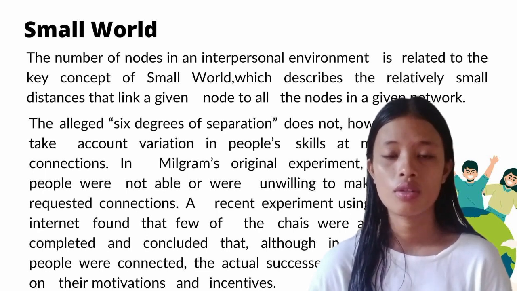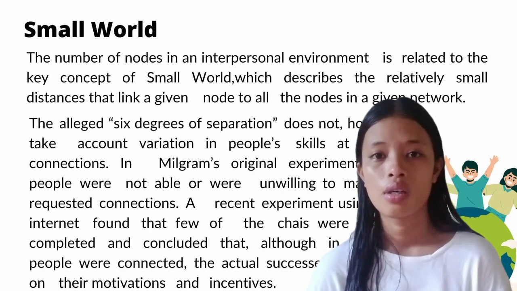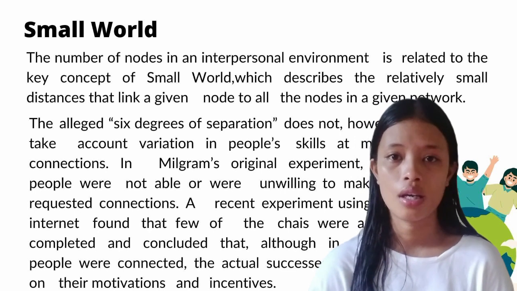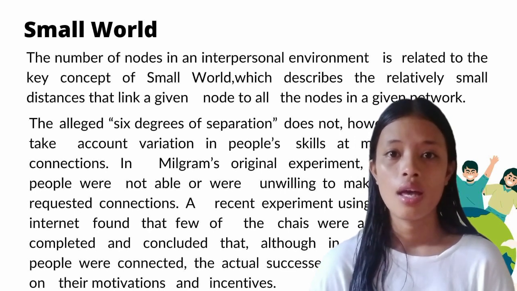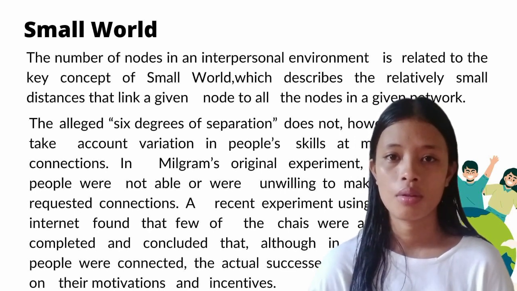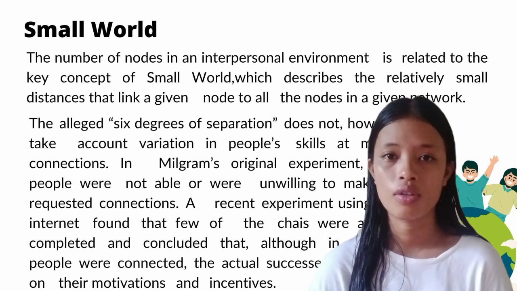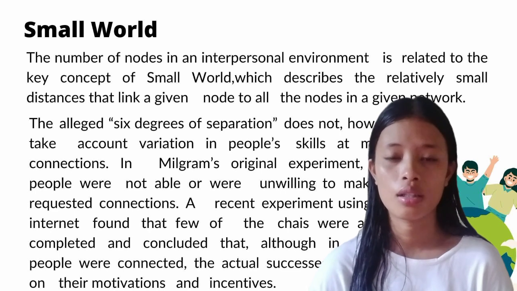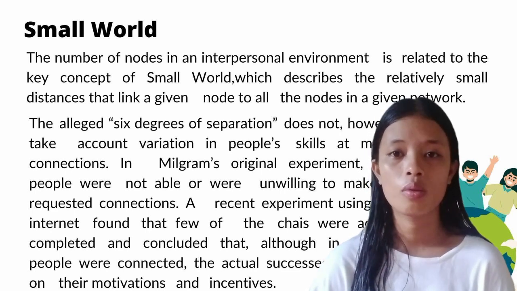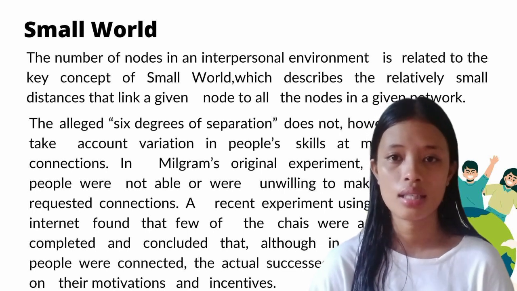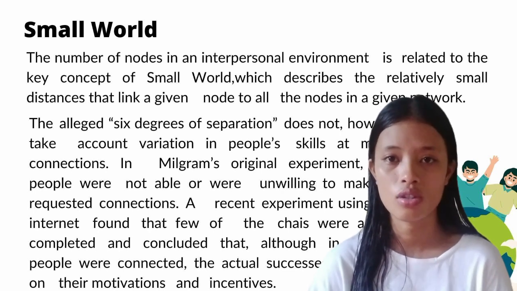In Milgram's original experiment, most people were not able or were unwilling to make the requested connection. A recent experiment using the internet found that few of the chains were actually completed, and concluded that although in principle people were connected, the actual successes depended on their motivations and incentives.